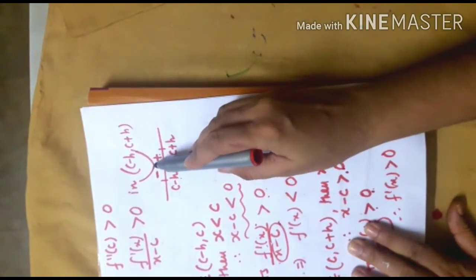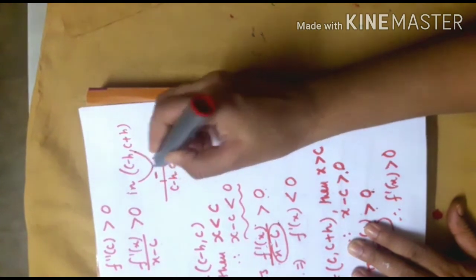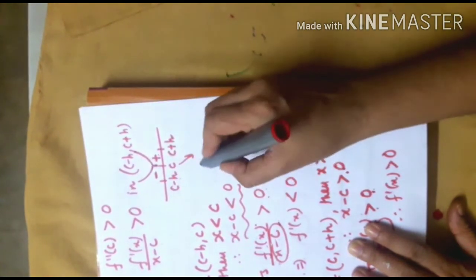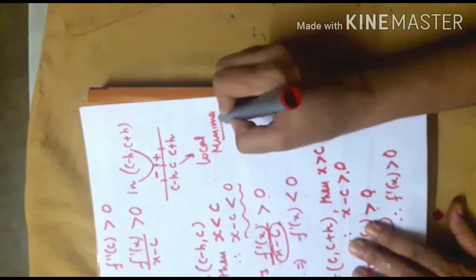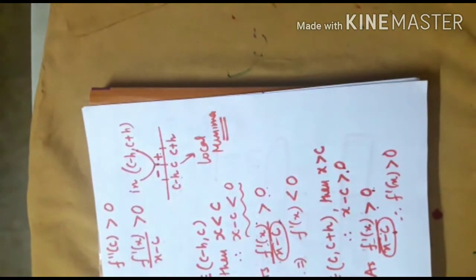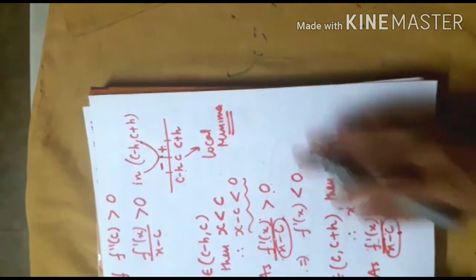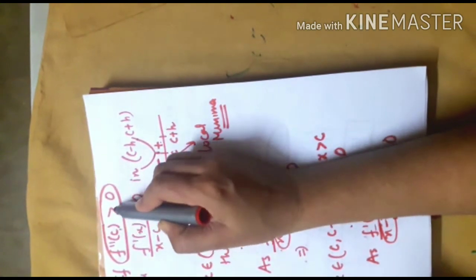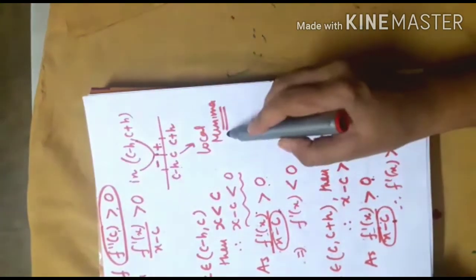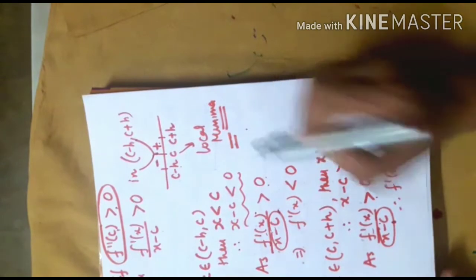So a depression or a valley is formed. Therefore c will be a point of local minima. So the second order derivative test says when the second order derivative at the point c is positive, then c is a point of local minima.